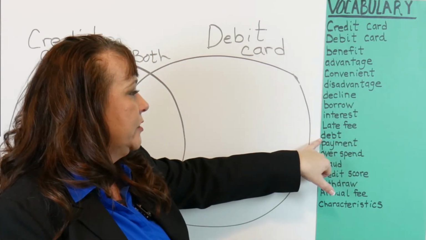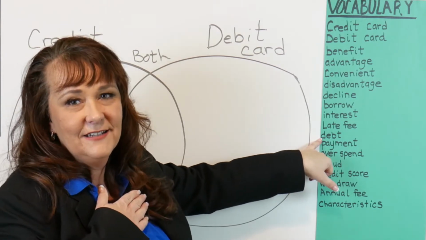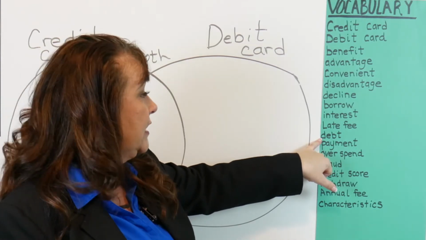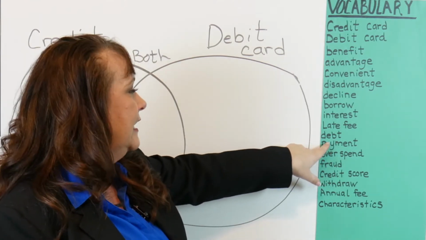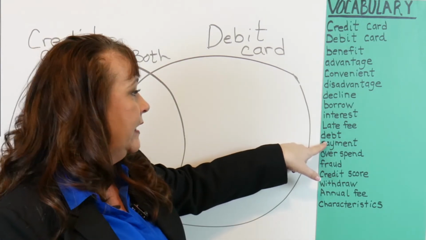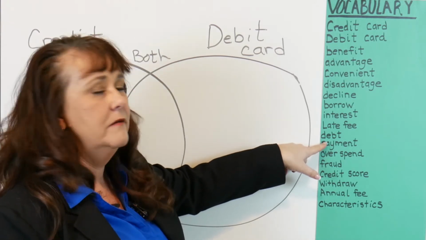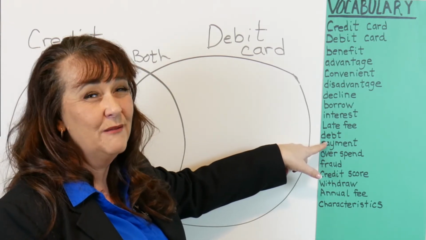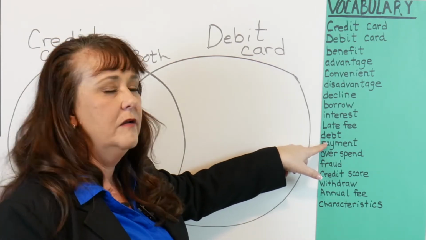Then we have the word debt. You say it. Debt. Now this word can be tricky because the B in this word is silent. It just sounds like the word debt. Debt is when you owe money. Sometimes a little money, sometimes a lot.